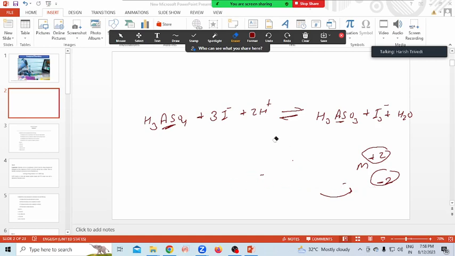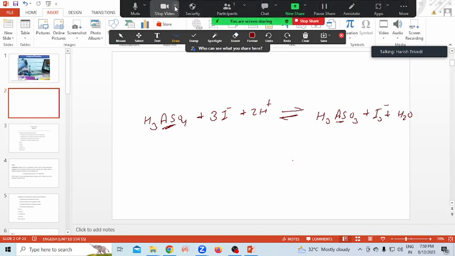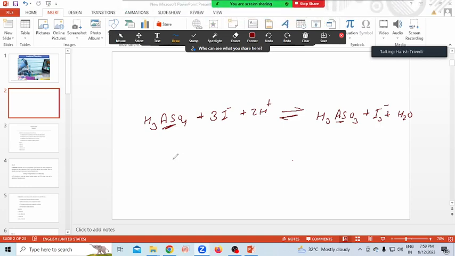So in this chemical reaction we can explain how it happens. It is arsenic, so how will you calculate the oxidation state of arsenic?